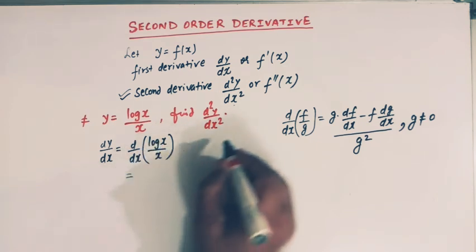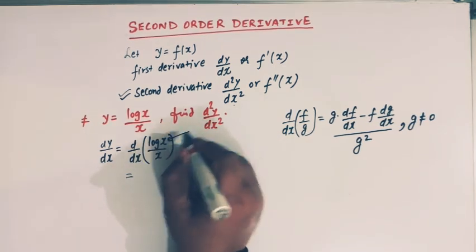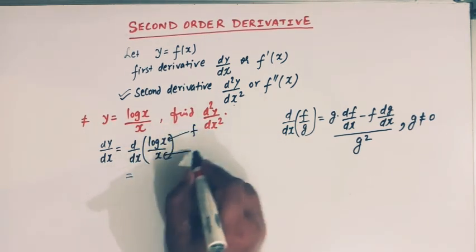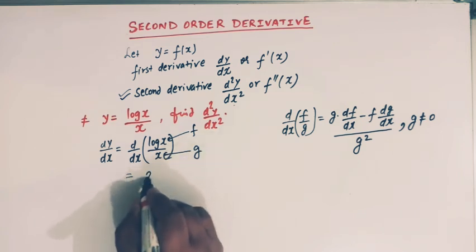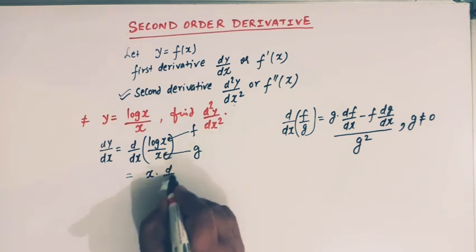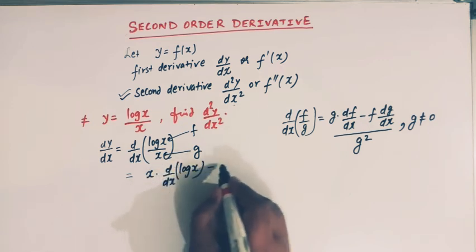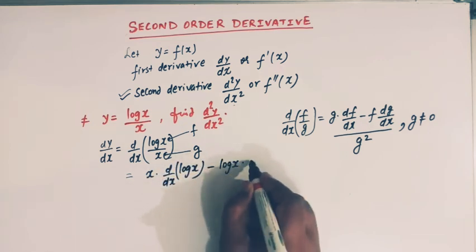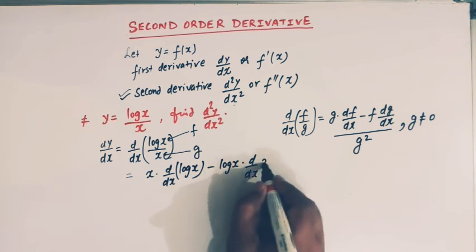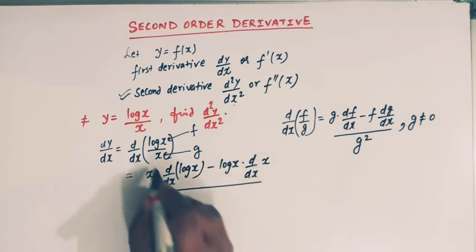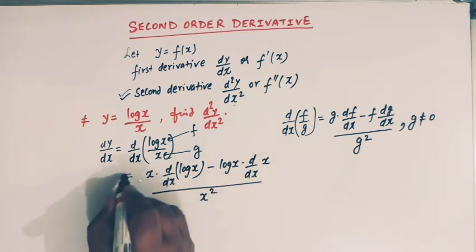So here f is this and g is this, so we have x, then derivative of log x, minus log x, derivative of x, and divided by x square.